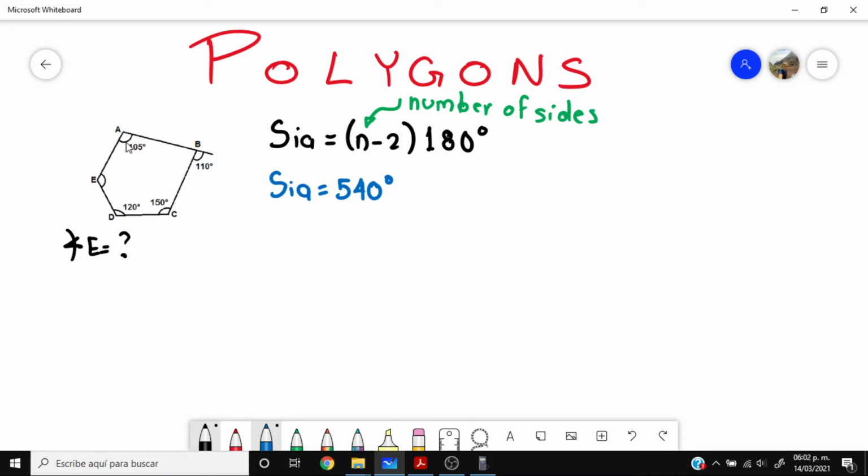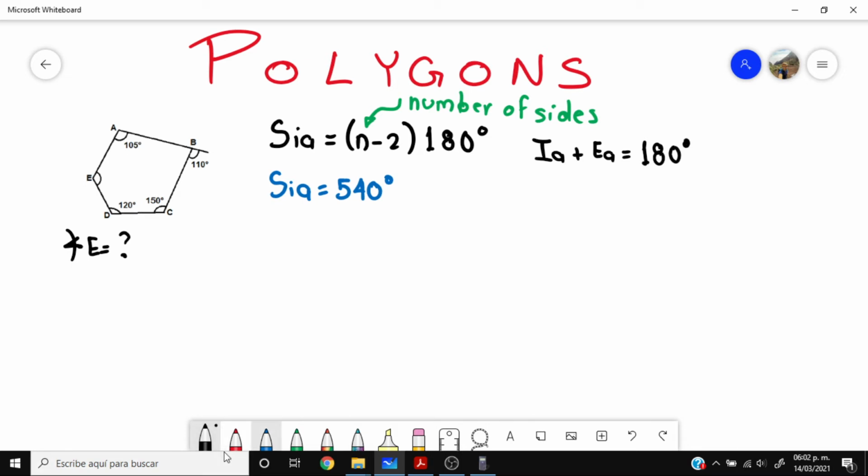Okay, so how is that going to help me? Because I only have 3 interior angles. But for example, you can see this one over here, you have the angle B. There is another formula that says that the interior angle plus the exterior angle in a polygon equals 180 degrees.